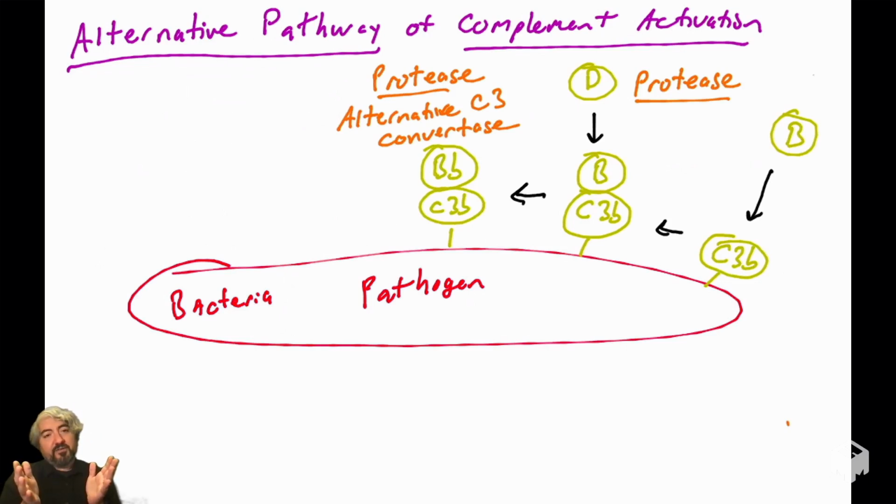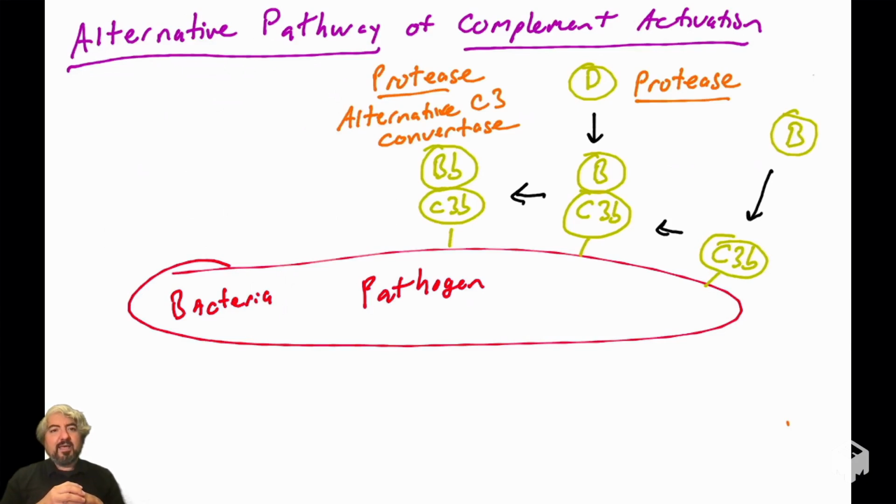So the alternative C3 convertase consists of the protein C3b, which is fixed to the surface of the pathogen covalently, and the protein Bb, which is a breakdown product of factor B. Where did that come from? Factor D cleaved factor B, only in the presence of C3b in this instance.